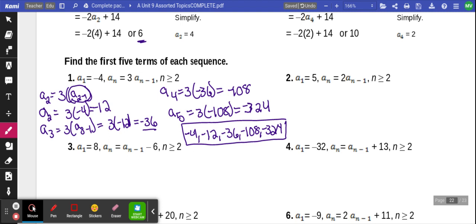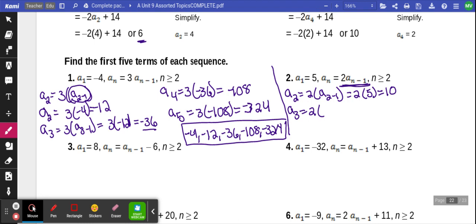So now number 2. Again, we're going to do this formula. To find a sub 2, we're going to do 2 times a sub 2 minus 1, which is really a sub 1. So that's 2 times 5, which is 10. A sub 3 is 2 times a sub 3 minus 1, which is the answer to a sub 2. So that's 2 times 10, so that's 20.